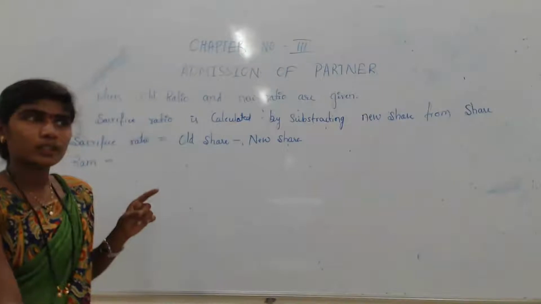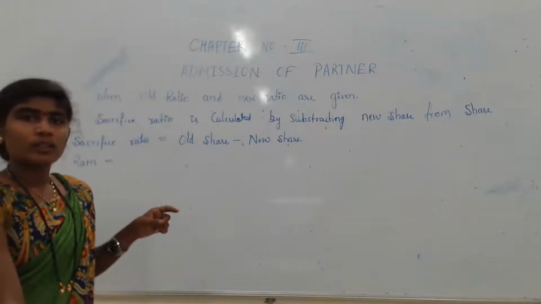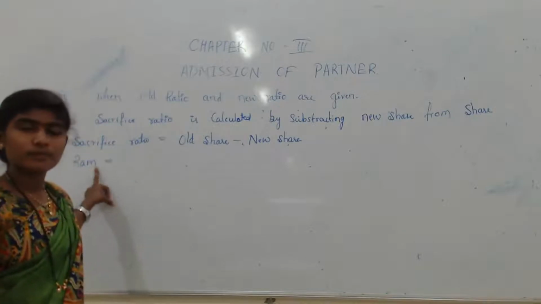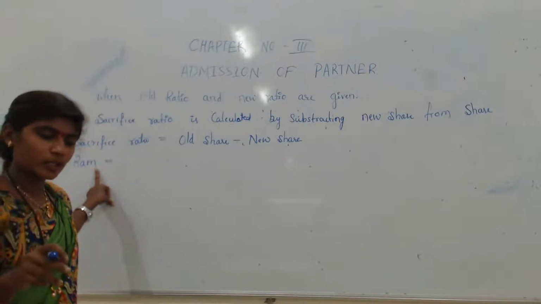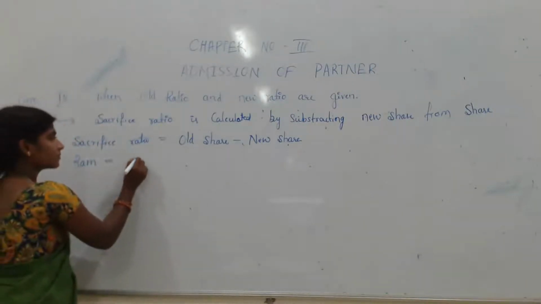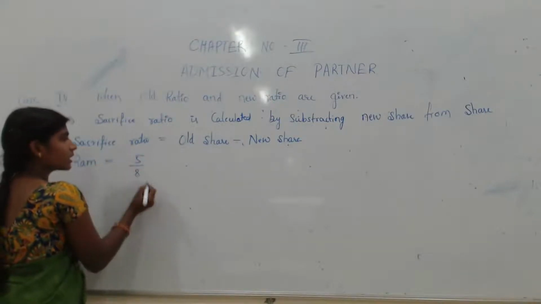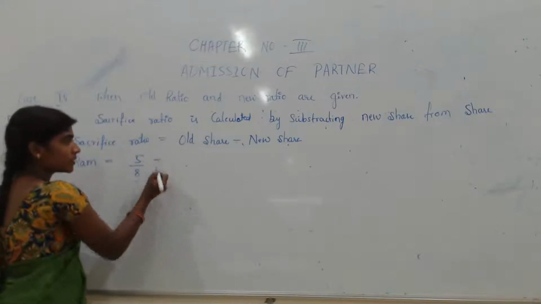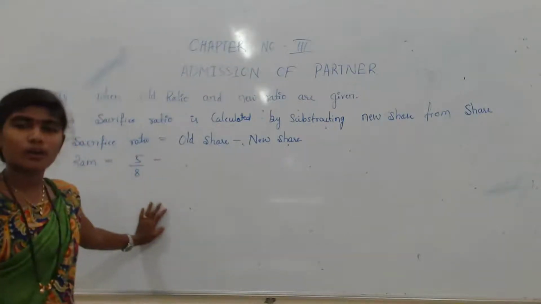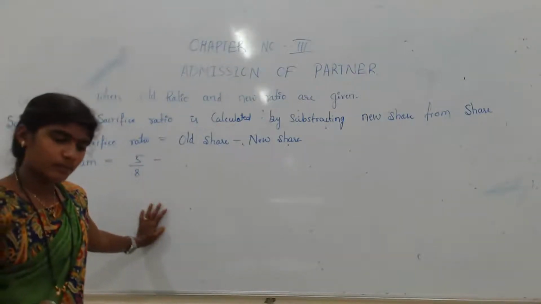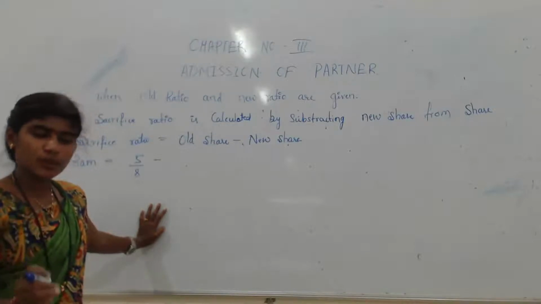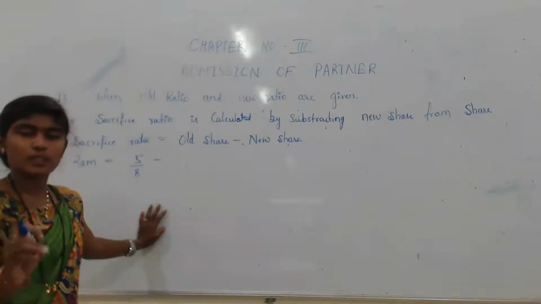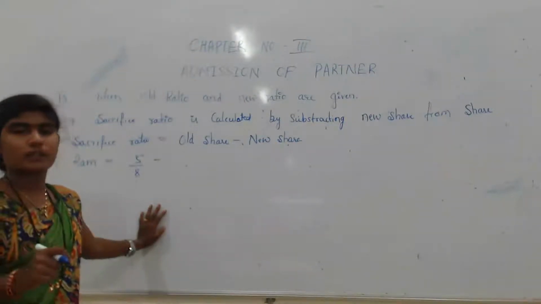So convert that ratio into a share for Ram. So 5/8 is the old share of Ram. Then minus the new share of Ram. The new ratio is 3:2:1. So Ram is the first person. So Ram's share is 3/6.